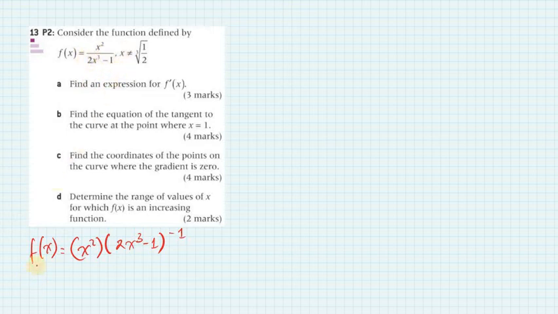So we will have our u, in this case x squared, and u' is the derivative of this, 2x.